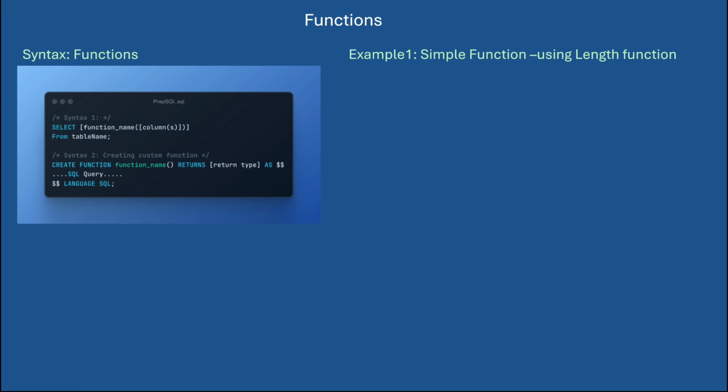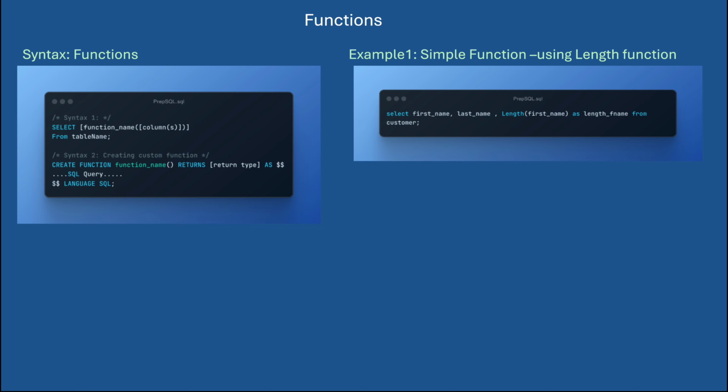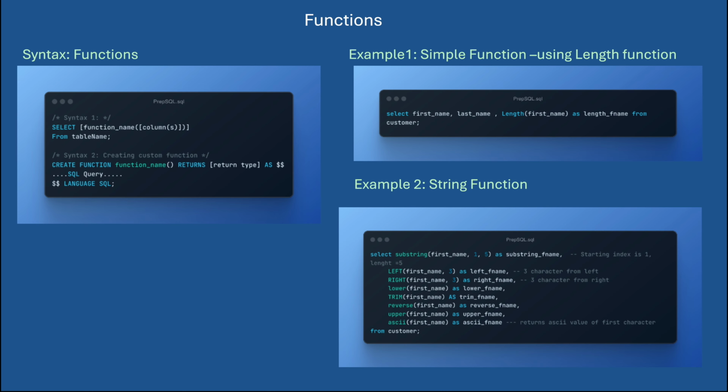Let's look at a simple function, using the length function in our case. We do select first name, last name, and length of first name as length_first_name from customer. This length will count the length of the first name and have another column, length_first_name, and print it. Let's look at some string function examples.